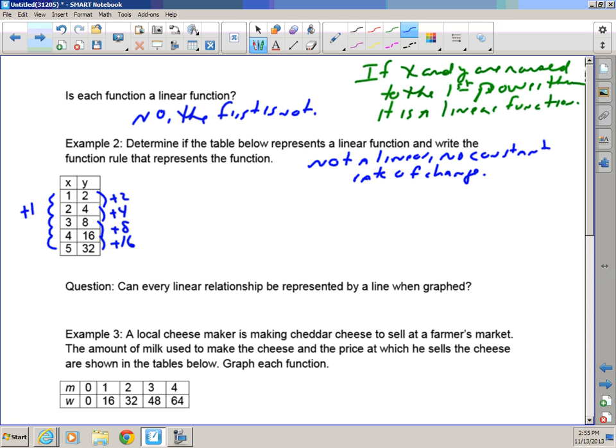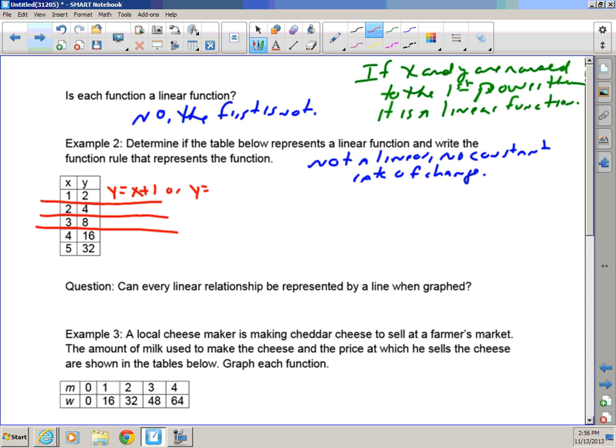Okay? Now, I want to figure out, can I write a rule? Because this is a function, because every x has only one y. So I want to figure out, can I write a rule that makes this scenario true? Well, let's take these one at a time. I can write the equation y equals x plus 1. That works here.